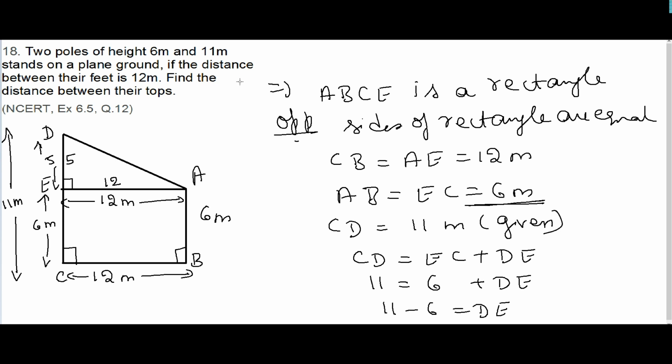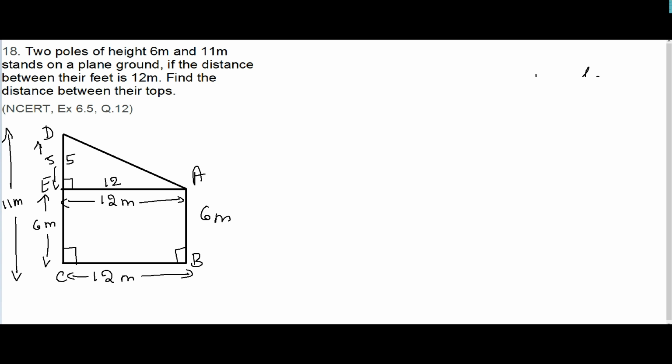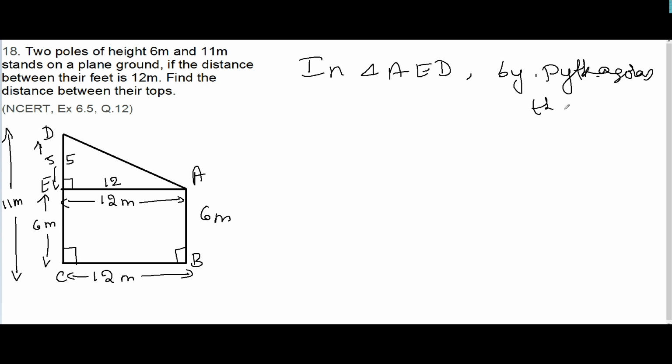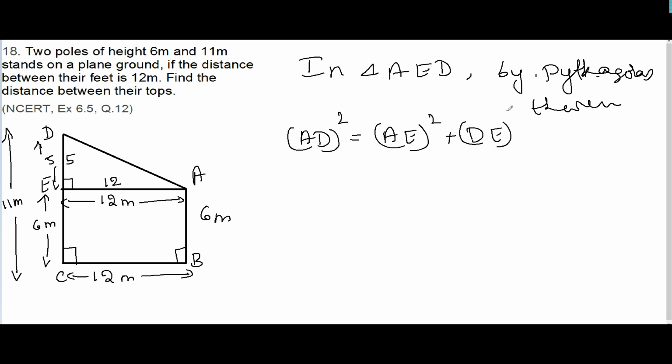So now you can simply apply the Pythagoras theorem and find the answer. In triangle AED, by Pythagoras theorem, AD square is equal to AE square plus DE square.